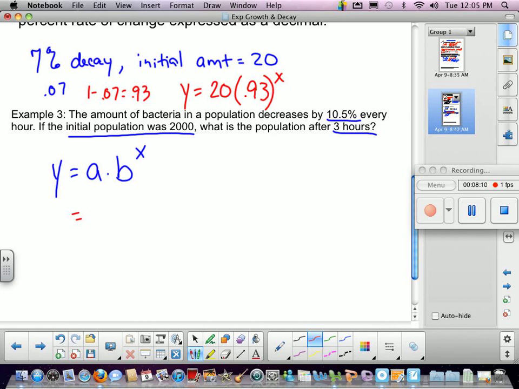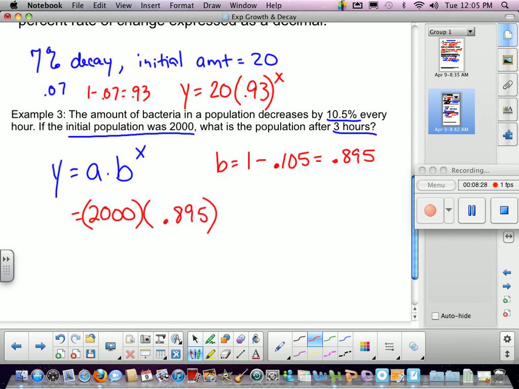Initial amount 2,000. Our b is going to be 1 minus 0.105, which would give us 0.895. X represents the time, so we're going to have it raised to the third power.